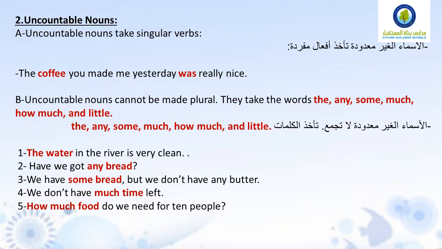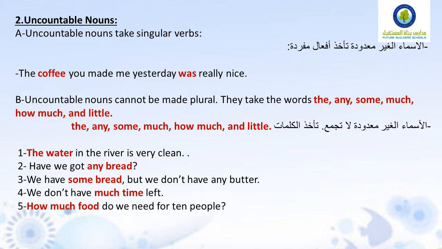So the coffee you made me yesterday was really nice. Where is the noun here? The coffee. Now, coffee here, is it countable or uncountable? If we can count it, it is countable. If we can't count it, it is uncountable. Can we say coffees, as the substance coffee?